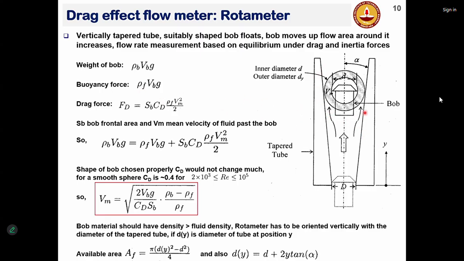And this is a particular situation where the bob has reached here because of flow.